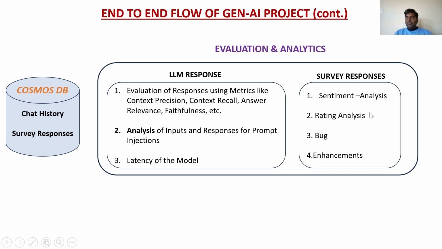Next is the rating analysis. We will be providing the user 5 stars, and based on his selection, we'll get that. Based on that, we'll understand how many are giving 5 stars and so on. We will analyze that as well. And the bug is very important because the user is expecting some functionality and he's not getting that. So that can be considered as a bug.